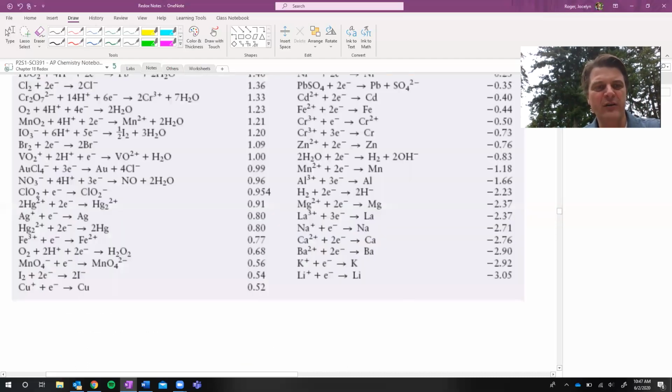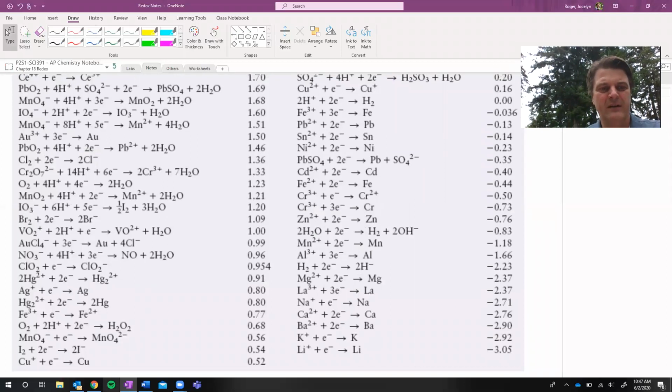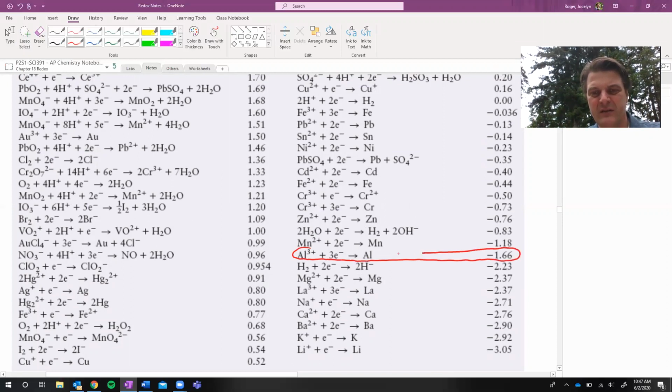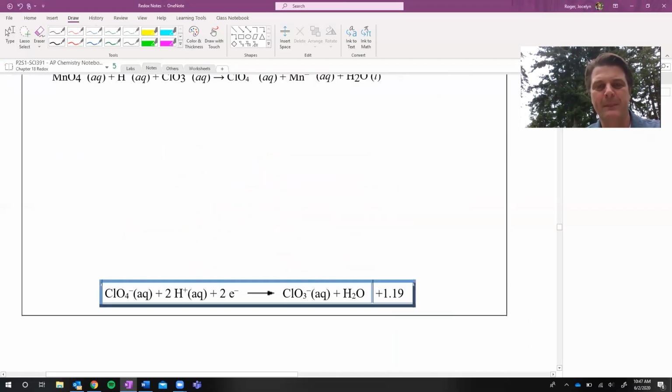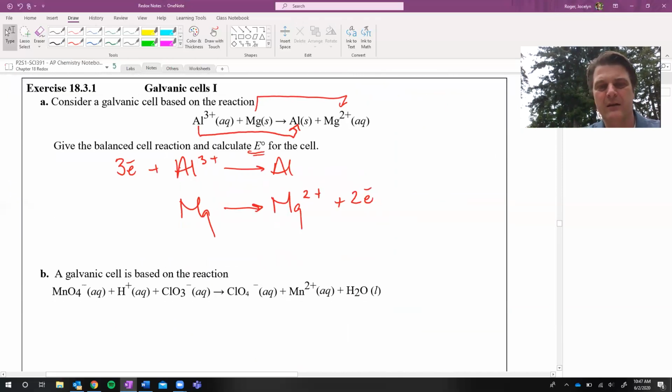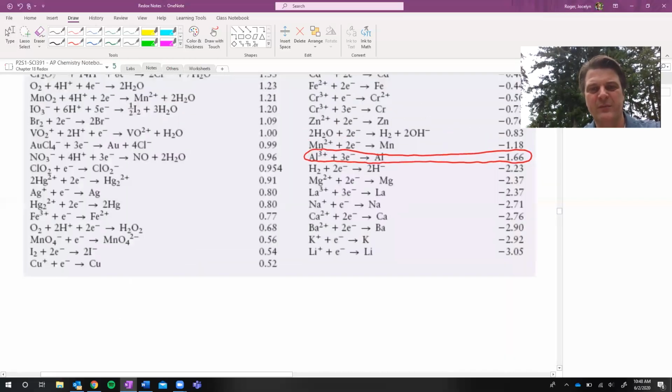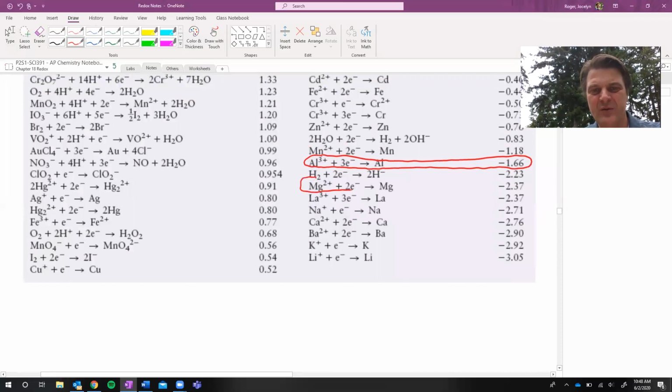If we look at the chart and find this reaction right here, Al3+ plus 3 electrons, it is negative 1.66 volts. The other reaction is Mg2+ plus 2 electrons, so we're going to find that reaction right here.